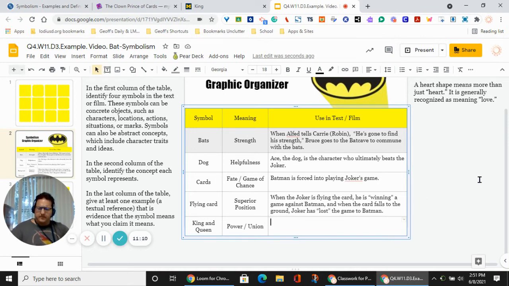Okay, well, the Joker, essentially, just put the Joker by kidnapping the king, essentially, gains power in the story, the text.